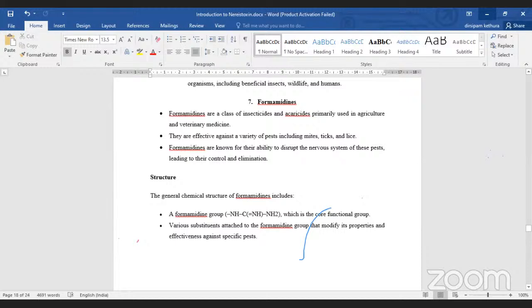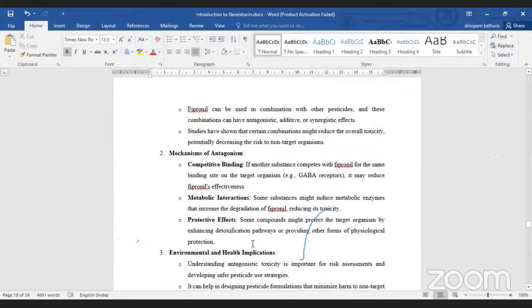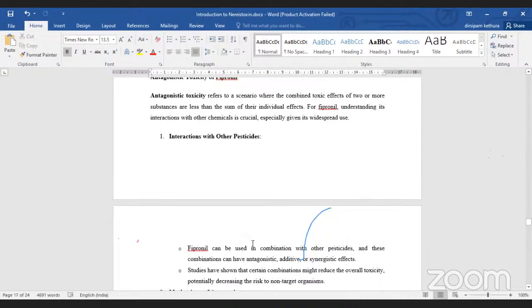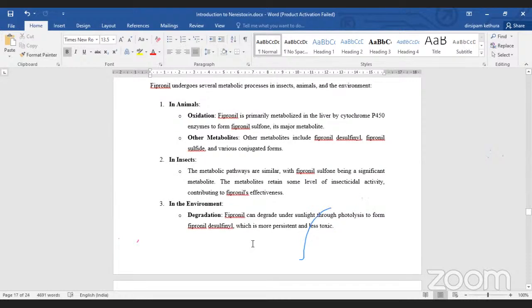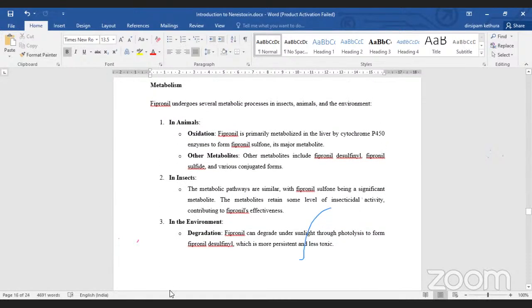We have studied one enzyme. The enzyme is cytochrome P450.